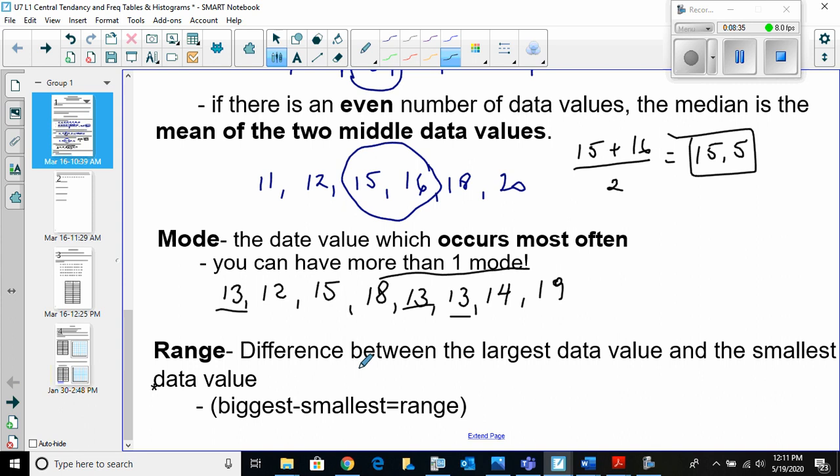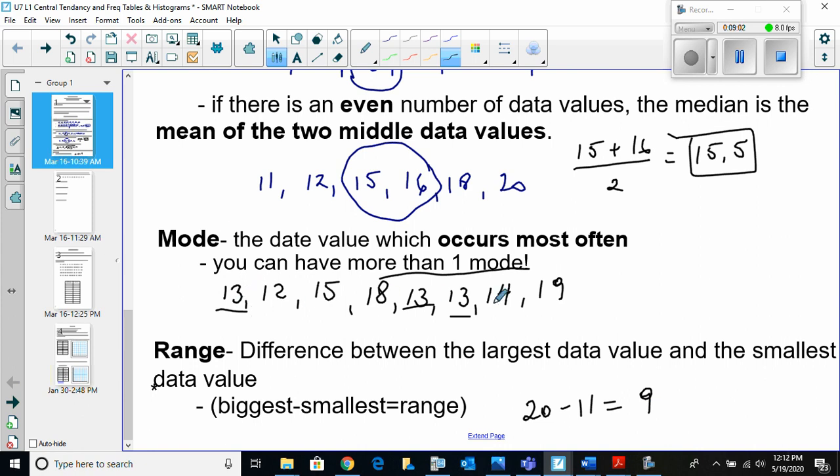The range is the difference between the smallest and the largest value of the data. So in this example that we have here, 11, 12, 15, 16, 18, 20, 20 minus 11 is equal to 9, and this is the range.